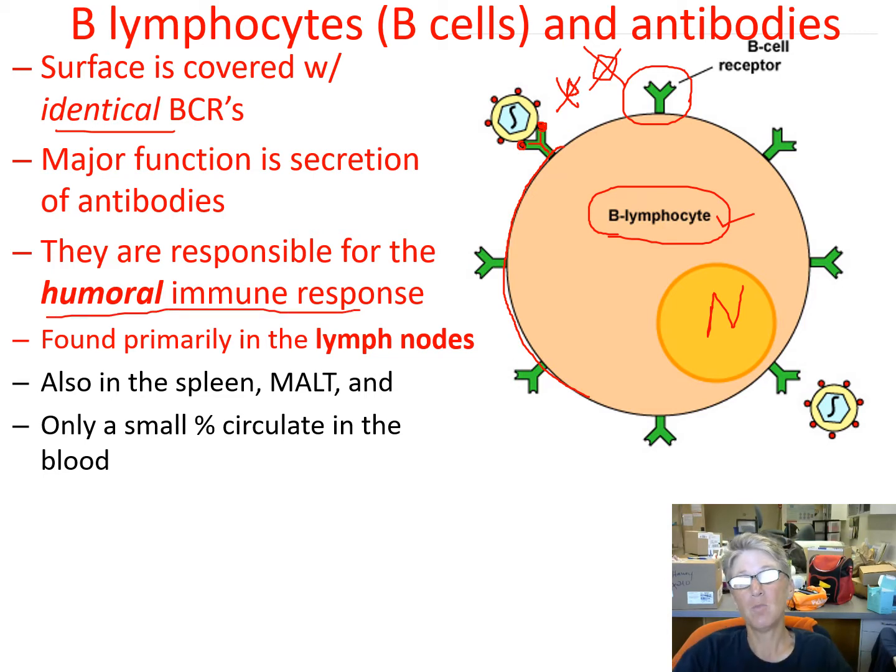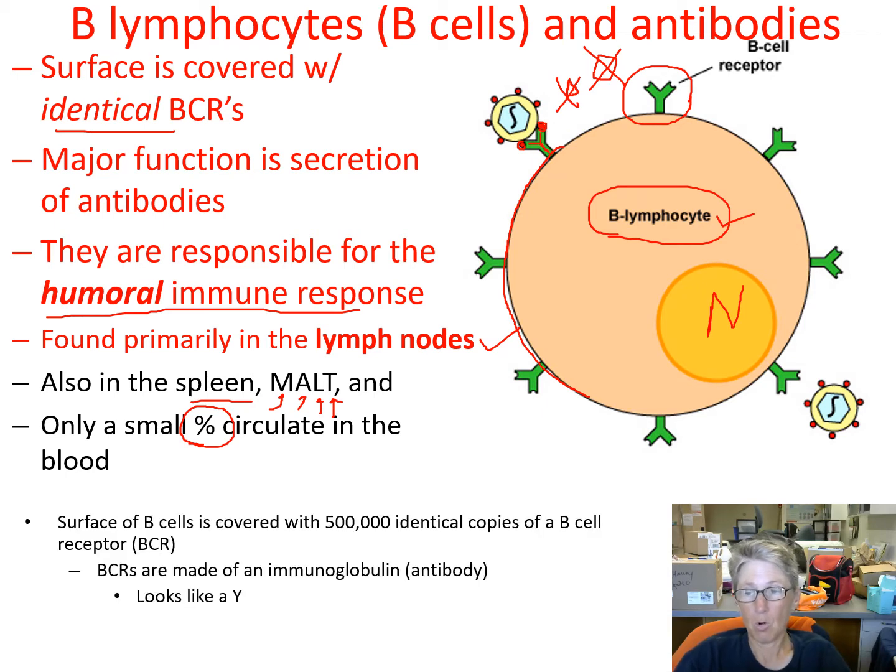You find these B lymphocytes primarily in the lymph nodes, but you can also find them in the spleen and mucosa-associated lymphoid tissue. You can find them in gut-associated lymphoid tissue, and RALT, respiratory-associated lymphoid tissue. Only a small percentage of these B cells are circulating in the blood, but the antibodies circulate in the blood. That's why it's the humoral immunity.